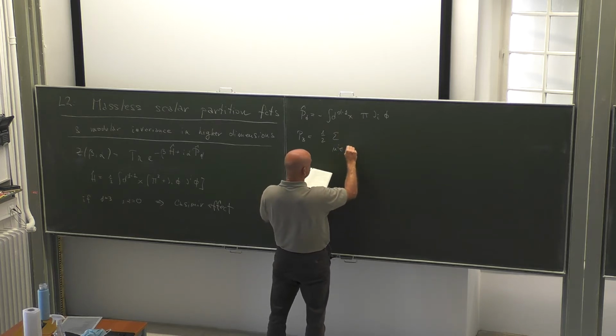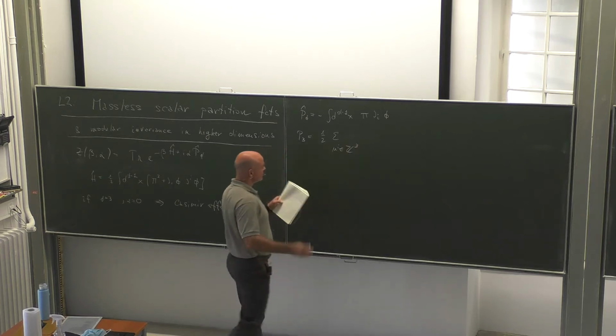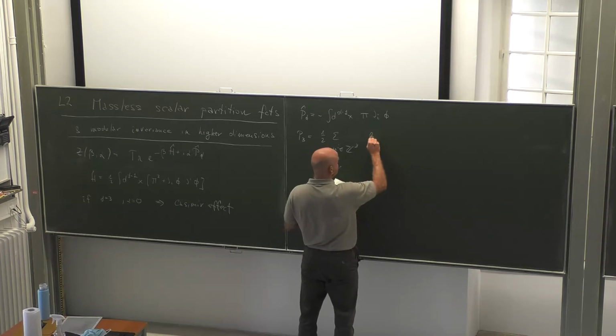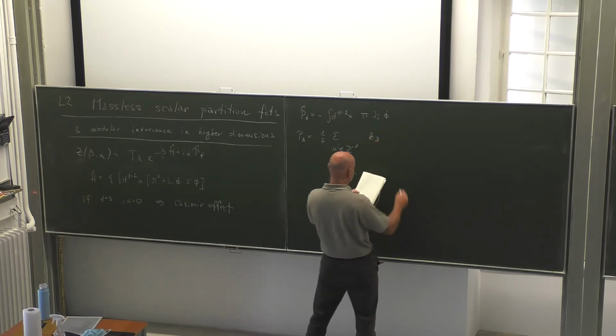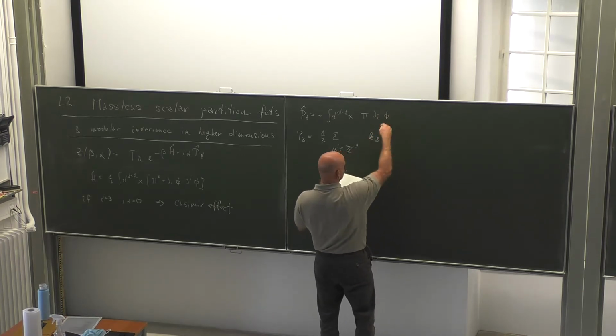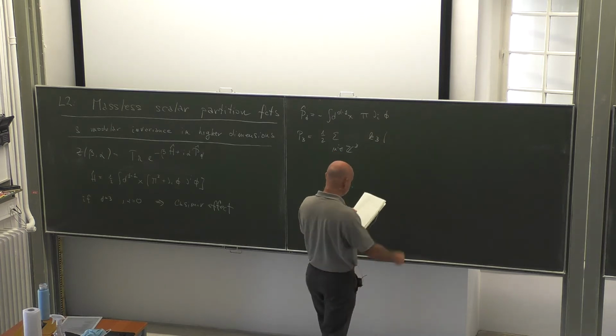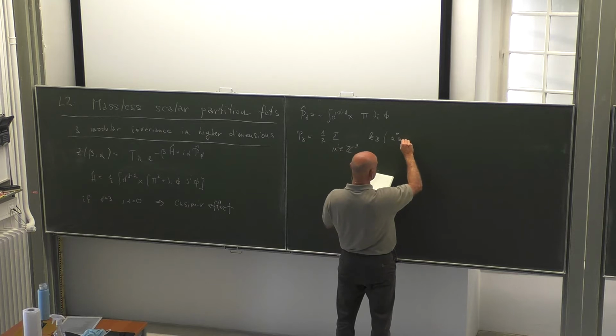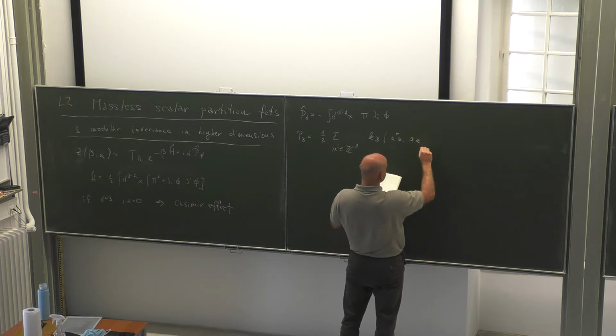At this stage I take periodic conditions in all directions, and then P_3 drops a K_3 if you want. And in terms of the periodic modes, it's this kind of object here.